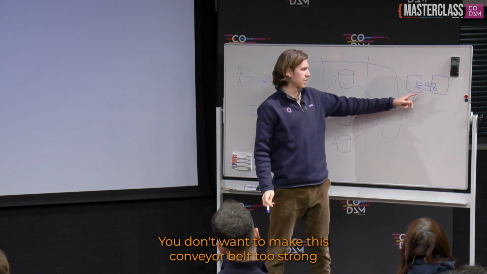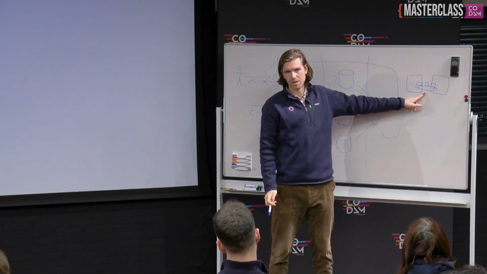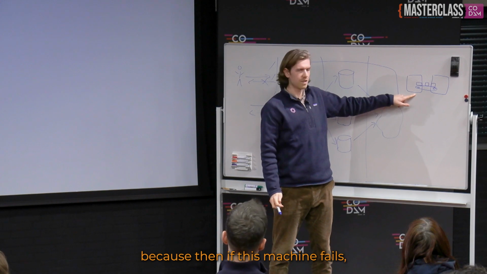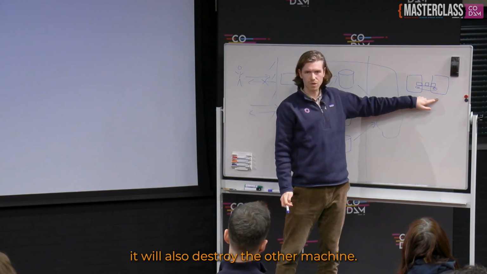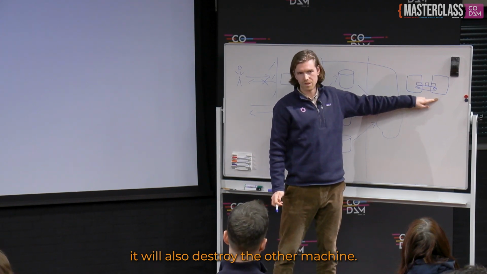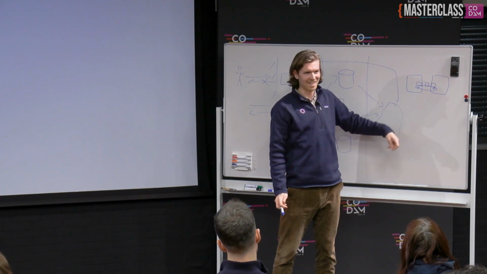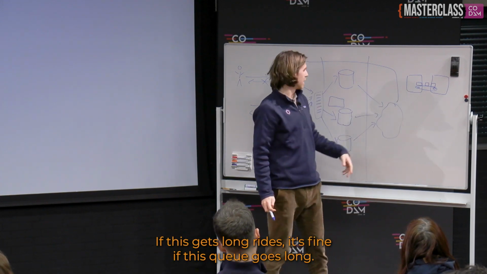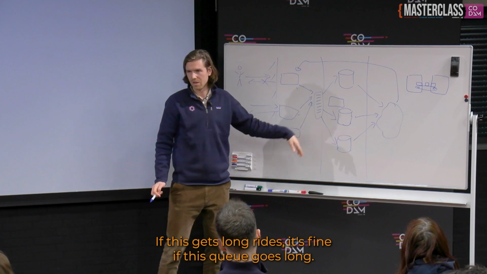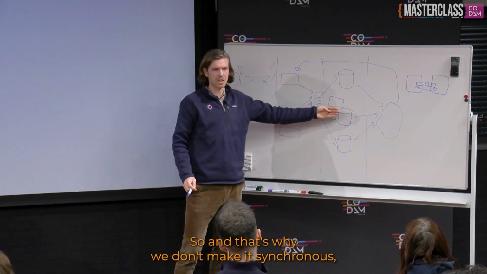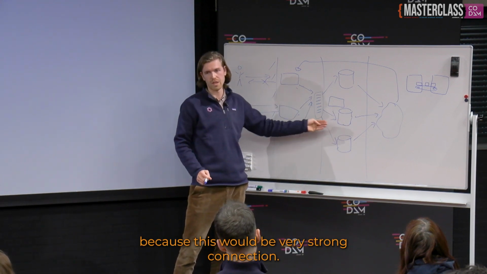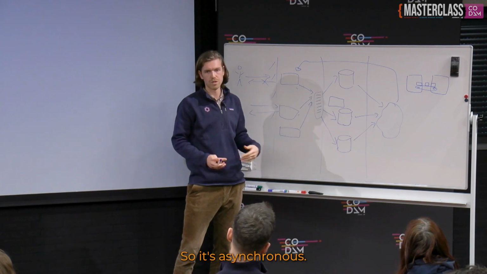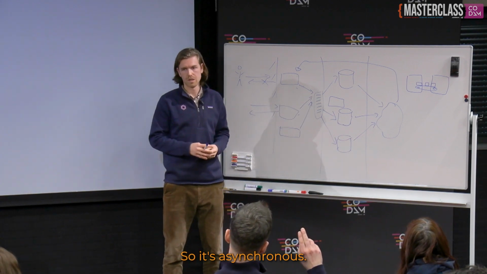You don't want to make this conveyor belt too strong, because then if this machine fails, it will also destroy the other machine, right? So it's fine if this queue goes long. And that's why we don't make it synchronous, because that would be a very strong connection. We will make it a queue, so it's asynchronous. Yeah.